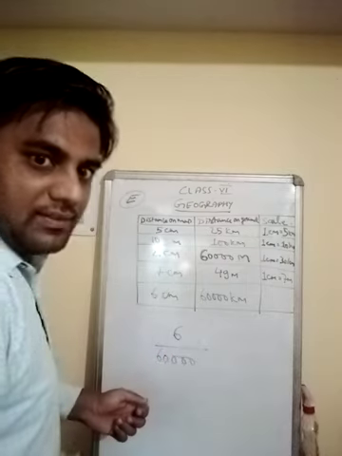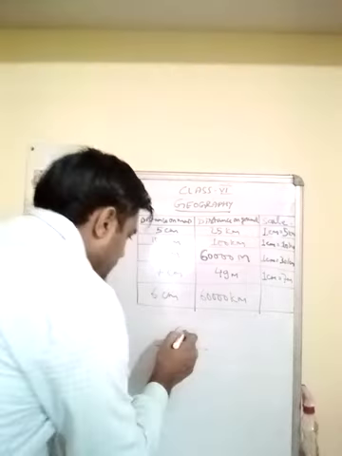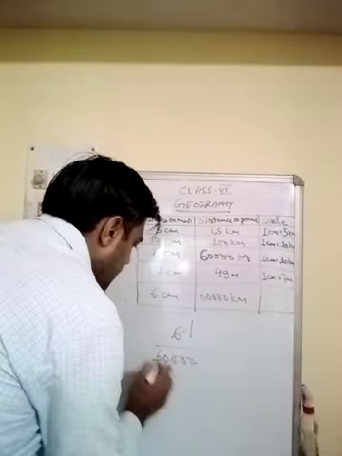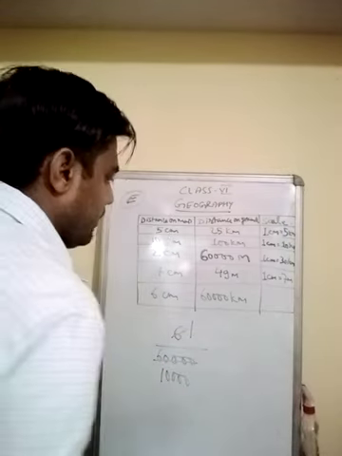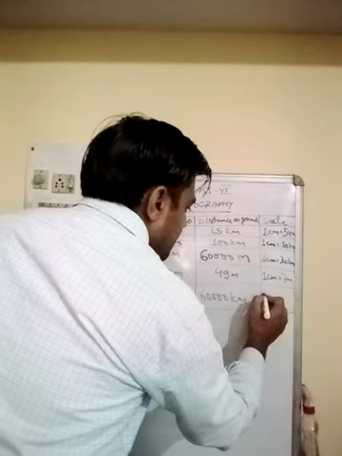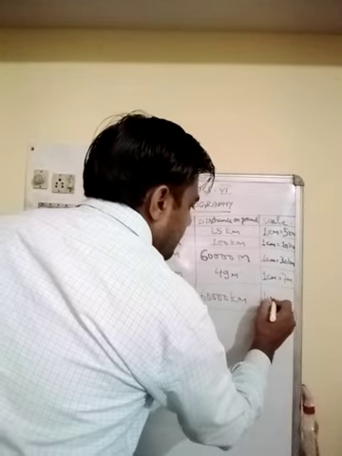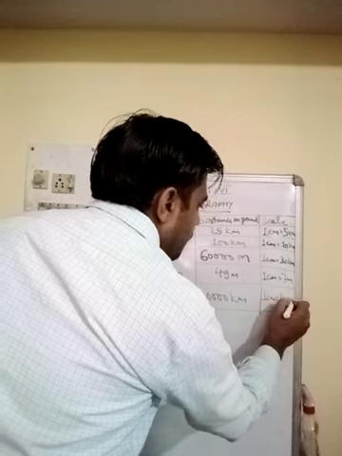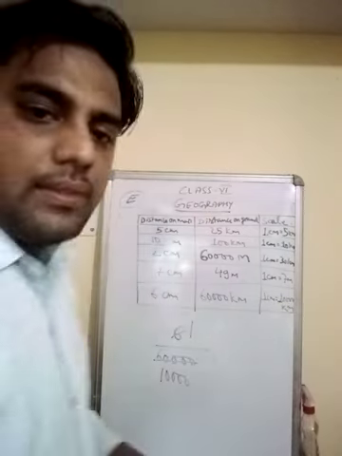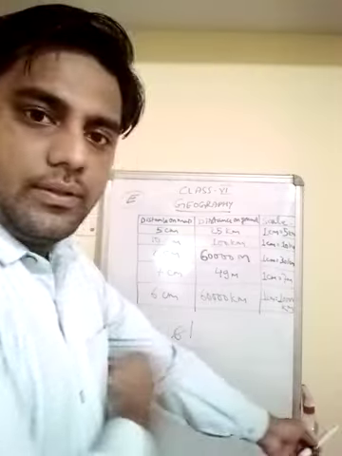So 6 1s are 6, 10,000. So our scale is 1 centimeter equals 10,000 kilometer.